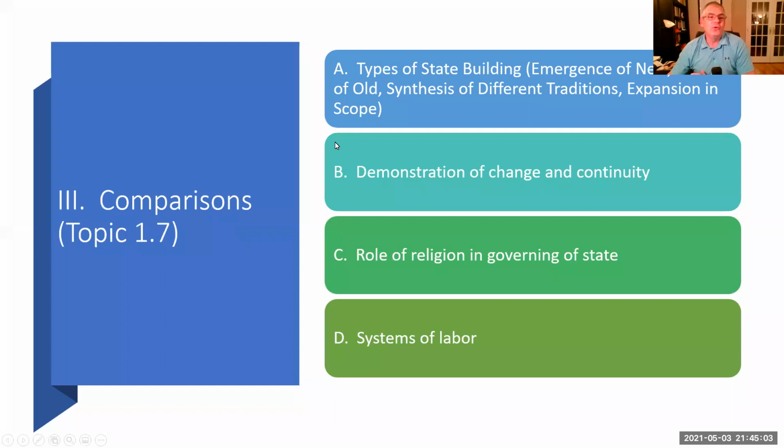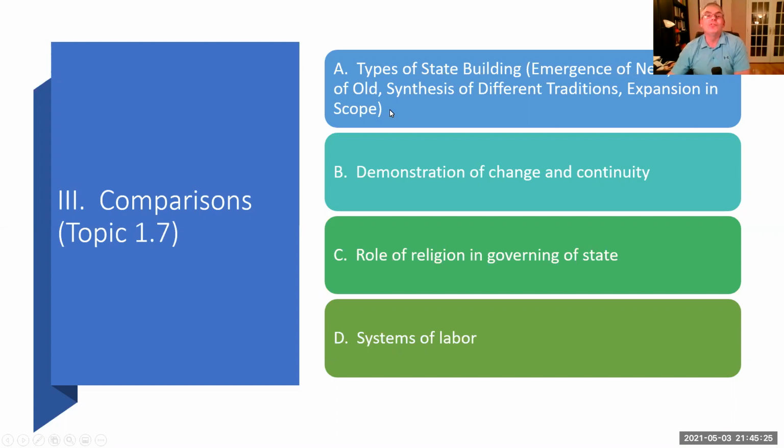Okay, so quick little comparisons. When you think about comparing these, think about the way states are being built, the type of state building. Some states are emerging from new situations, such as the Vijaya Empire, and such as, I'm sorry, the Khmer Empire of Cambodia.